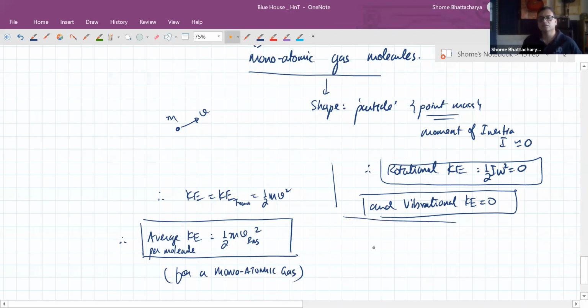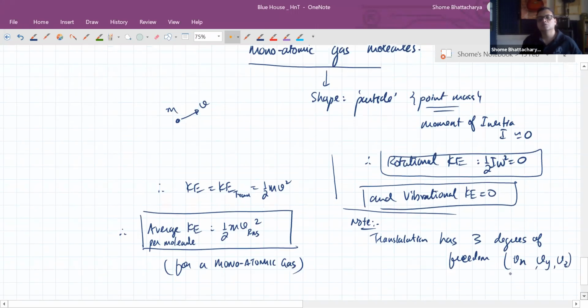Now we know that translation has 3 degrees of freedom, because it's translation in 3 dimensions.